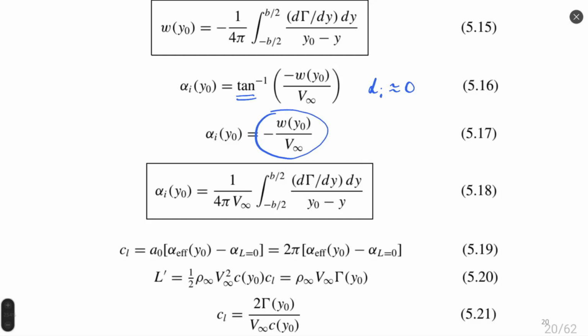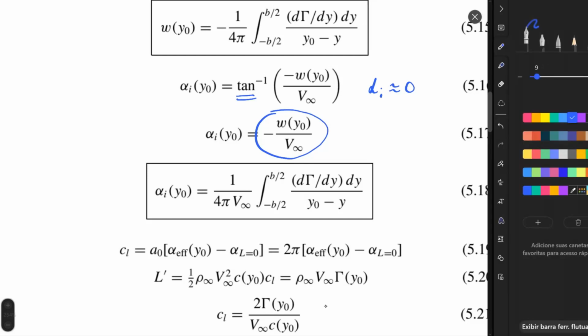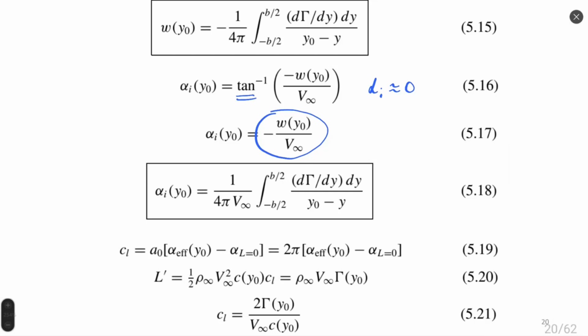So we will say that induced angle of attack, since it's small, would be equal to the ratio between downwash velocity and the infinite velocity. Of course, it's directed downwards. This is why it has a minus before this ratio.